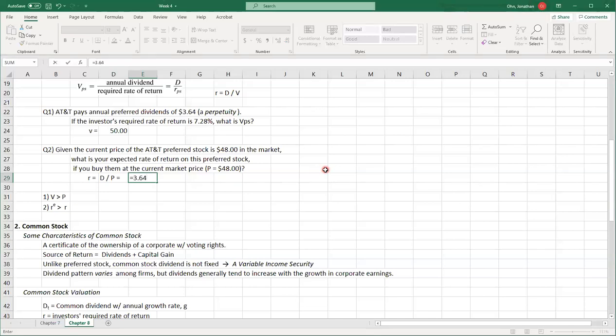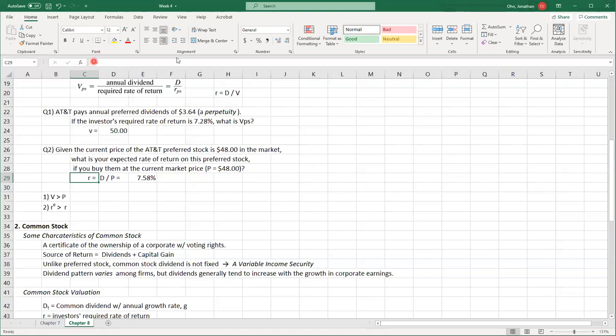If you solve it, D is $3.64 divided by the market price of $48. If we change that to a percentage, that is your expected rate of return. To be correct, R here is the required rate of return.